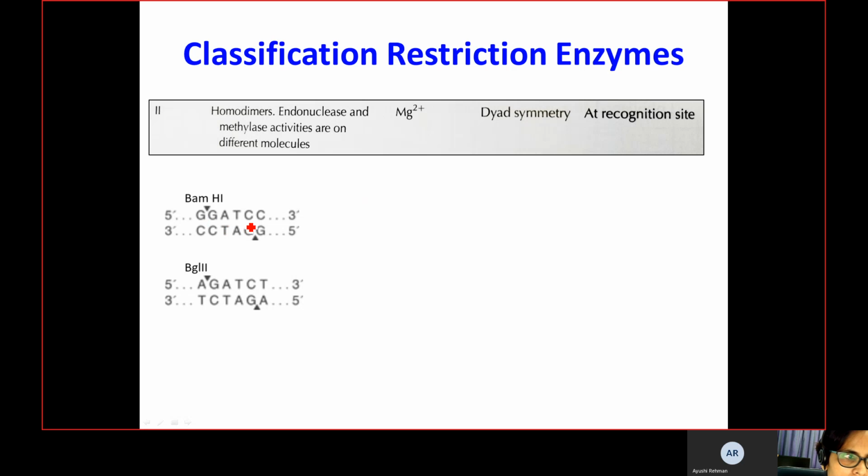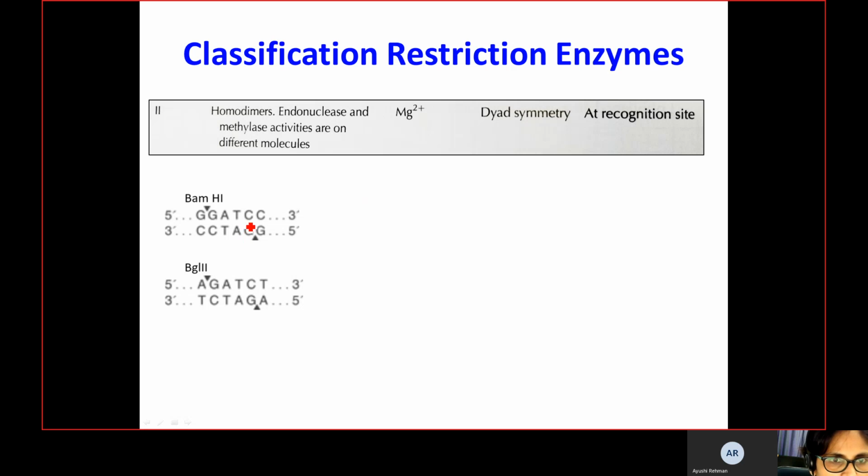Now these two enzymes use completely different arrangements of amino acids to contact the central bases. That means they have differences in their active site, suggesting their specificity could not be easily changed just by point mutations.